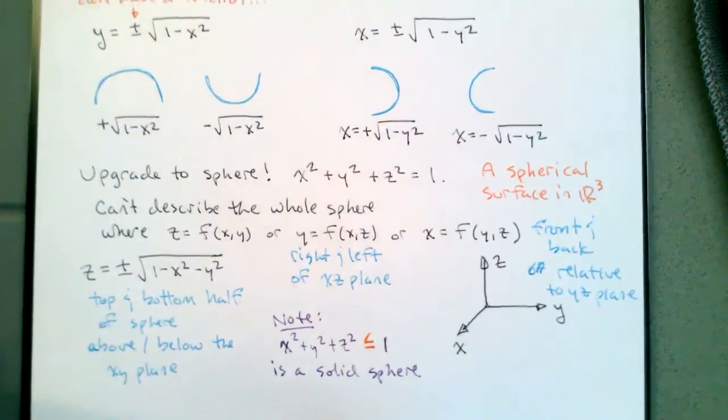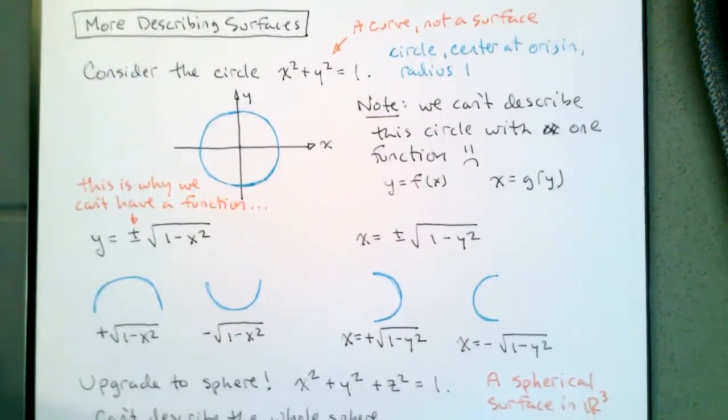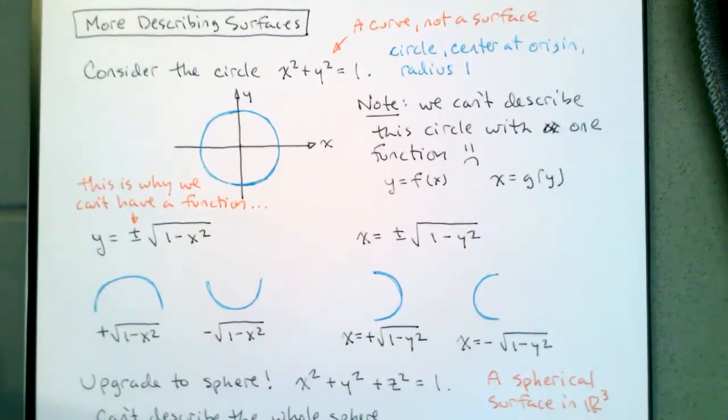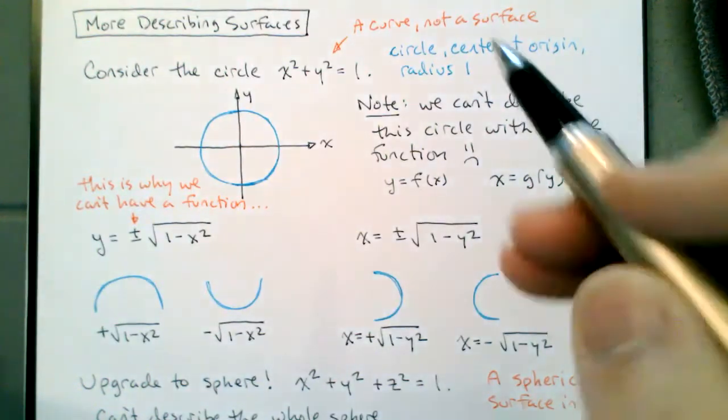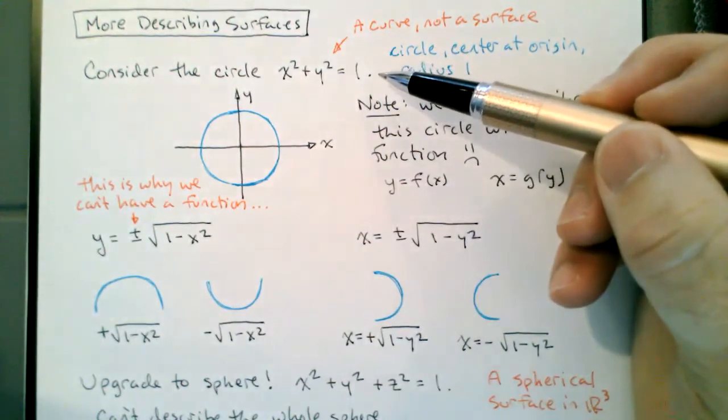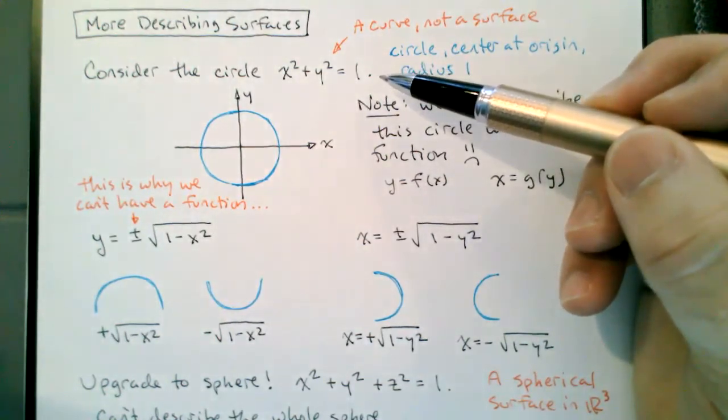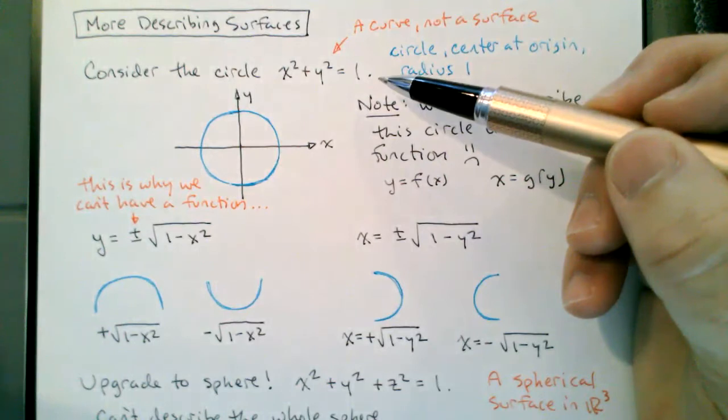In the same way, if we drop it down 1, when we write a circle, x squared plus y squared equals 1, a circle of radius 1 is all the points that are 1 unit away from the center. And the way to describe that is with this equation, x squared plus y squared equals 1. It's a variation on the distance formula. Or maybe the distance formula comes from this description.